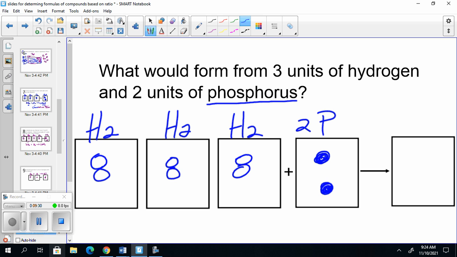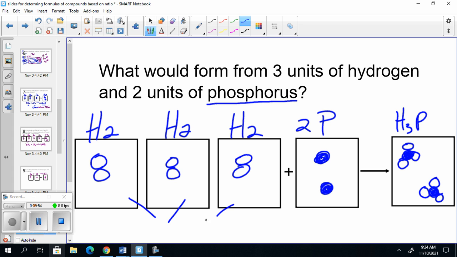Okay, so what works out here? If I have 2 P's and I need to distribute these 6 H's, I will give them each 3 H's. There. So I have made H3P.